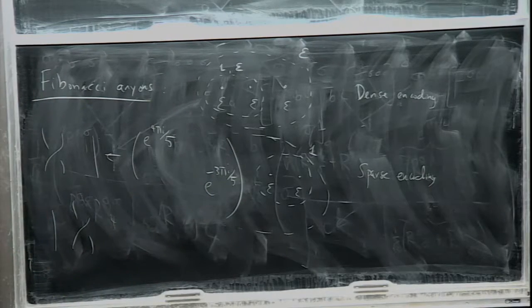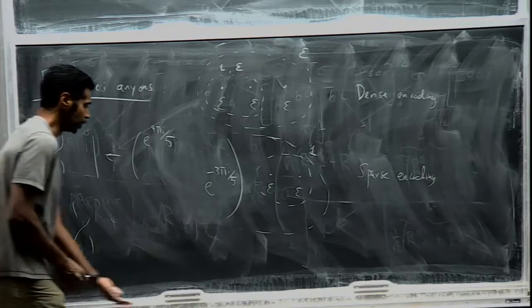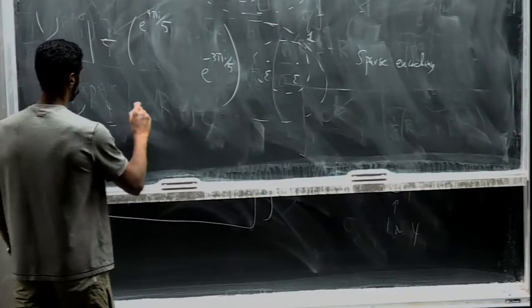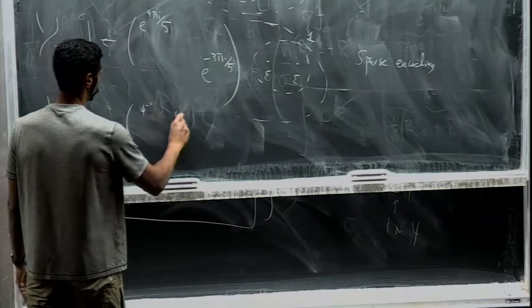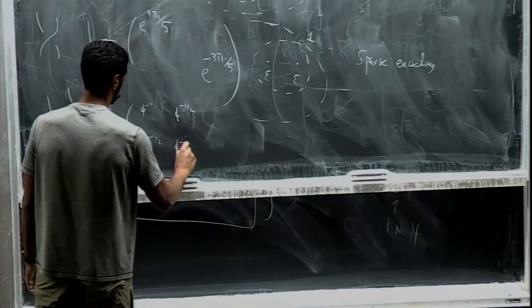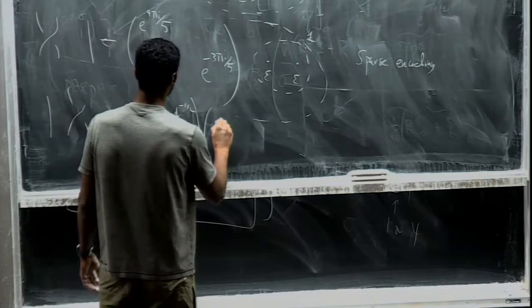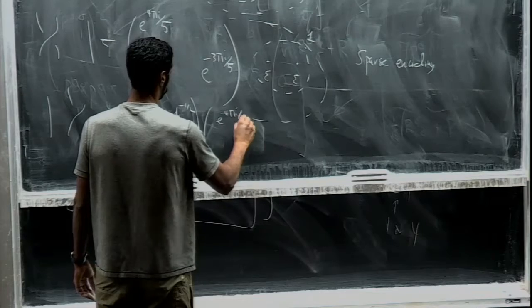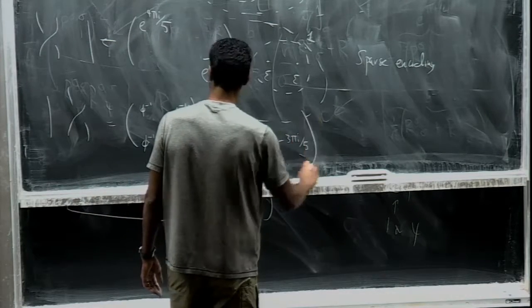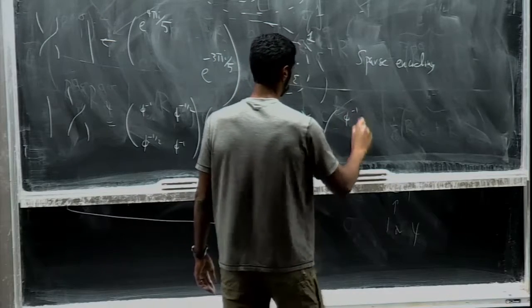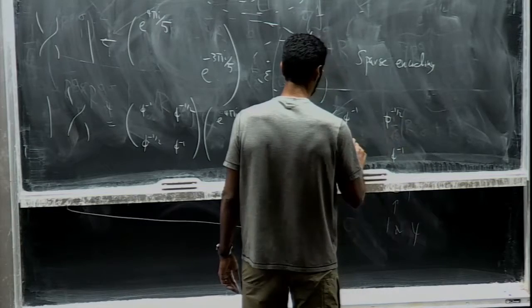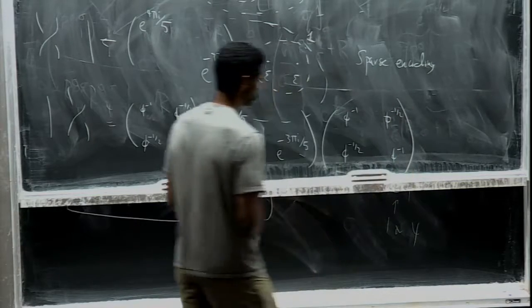Okay, it's just that diagonal transformation. And this one over here, well, we have to conjugate by the F matrices. Okay.